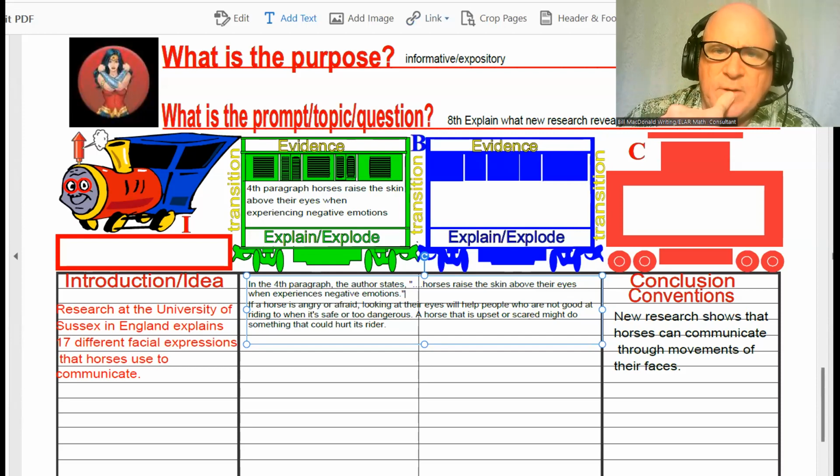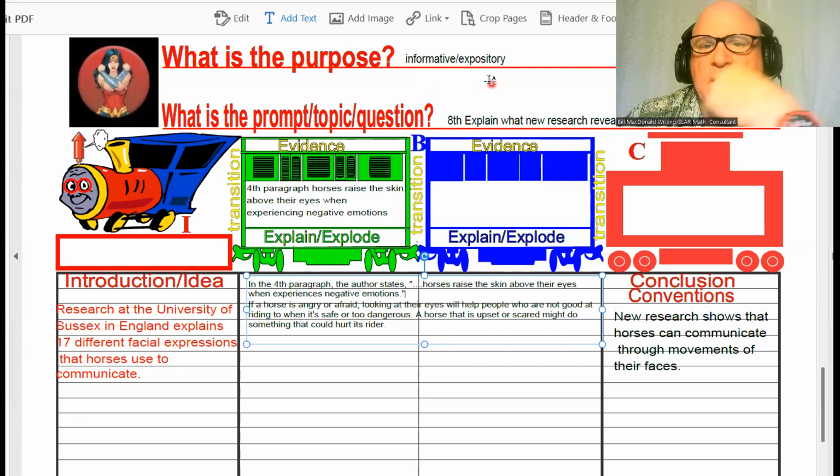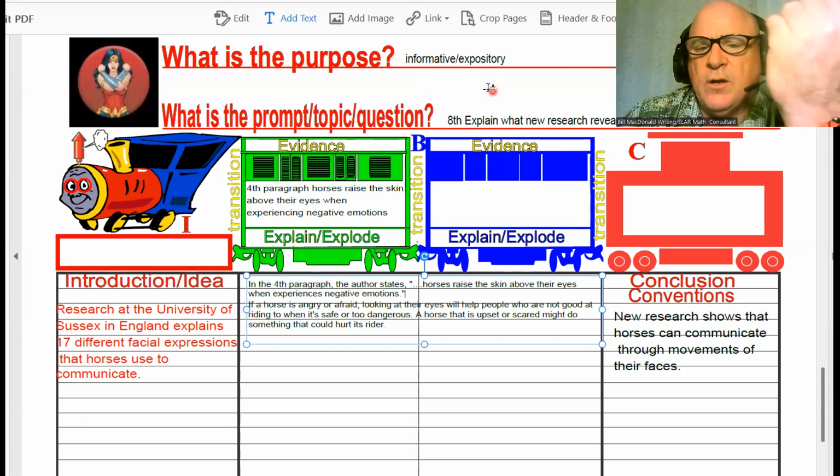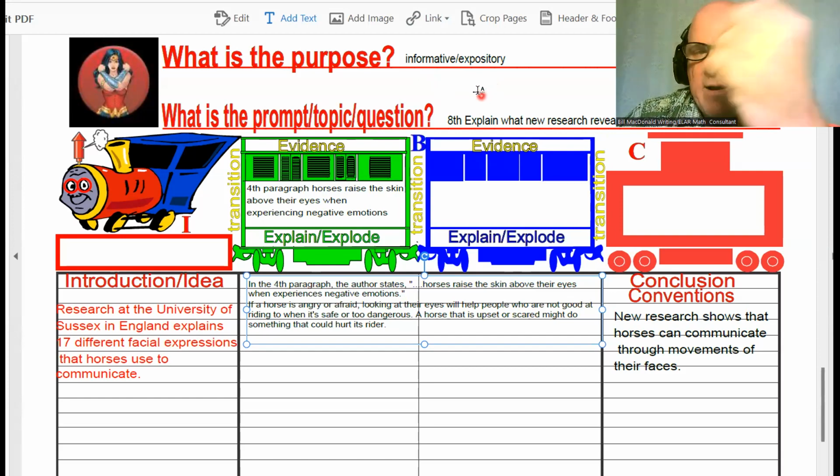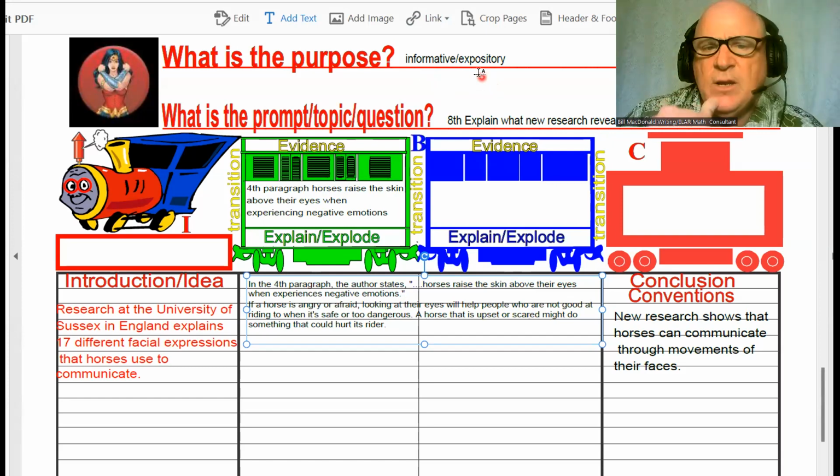Okay, what is the purpose? Let me go ahead and put my annotations down. My purpose is informative, expository. We're going to be given information, but we're going to be writing or typing information, and we'll be explaining our ideas. Okay, what is the prompt, the topic, the question?